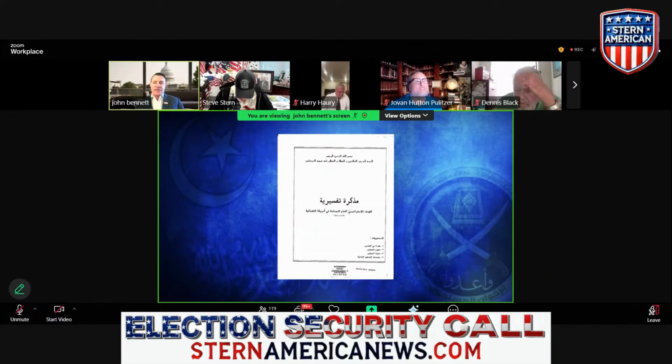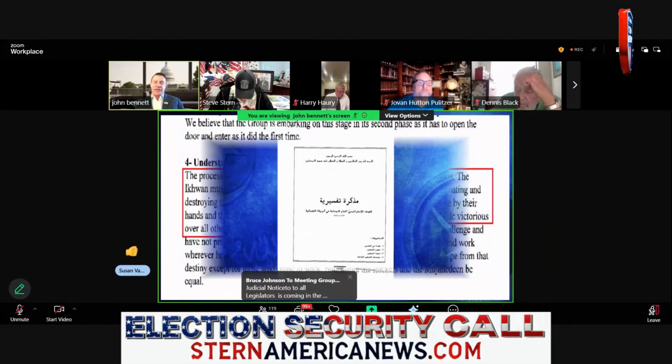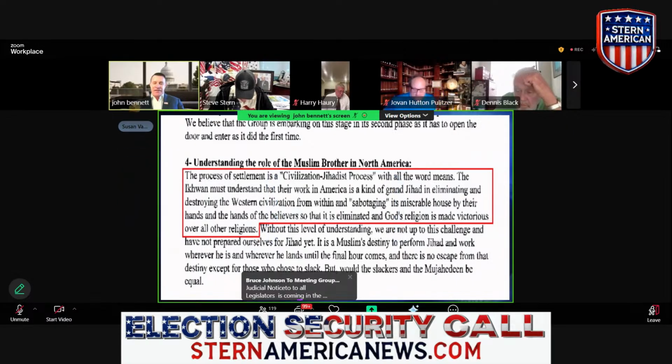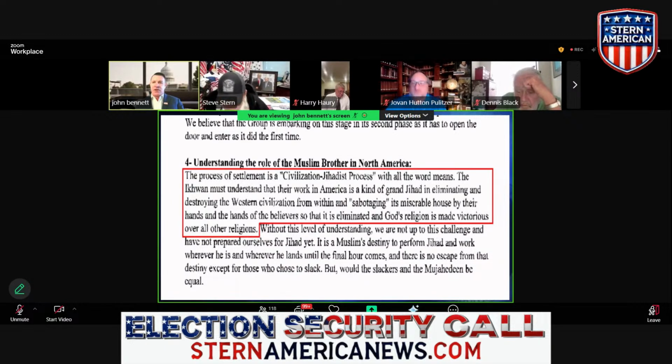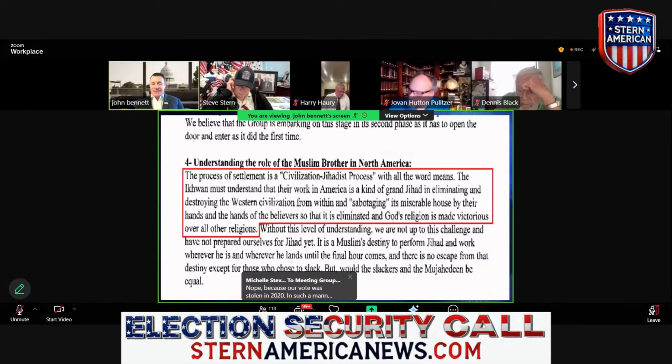So this is evidence that was submitted into the Holy Land Foundation trial. And this is what they said their goal is here in America, the Muslim Brotherhood, which is primarily led by the Palestinian Muslim Brotherhood. They pretty much have turned it over to the Turkish Muslim Brotherhood. And they said this: the process of settlement is a civilization jihadist process, with all the word means.